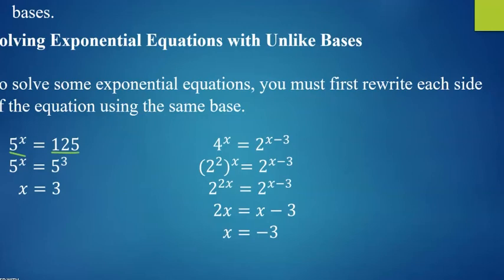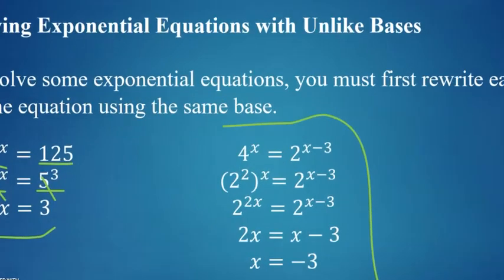Our task is to make the left side and right side equal, like 5^x equal to 5 to the third exponent, alright? And now the left side and right side, are they equal? Yes, they are. And then we can easily cancel out the bases, and we get that x equals just 3, alright? Let's look at the second example, okay?